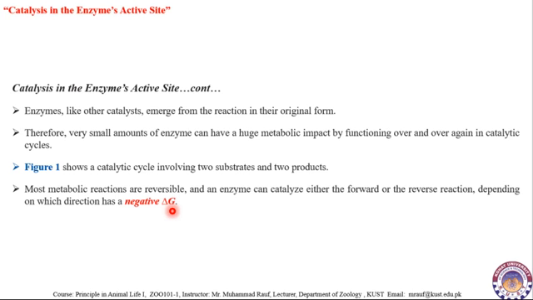Delta G is a sign which represents free energy. Free energy is the energy available to perform work. So any reactions which have a negative delta G value are spontaneous reactions. They can occur on their own without the input of energy.